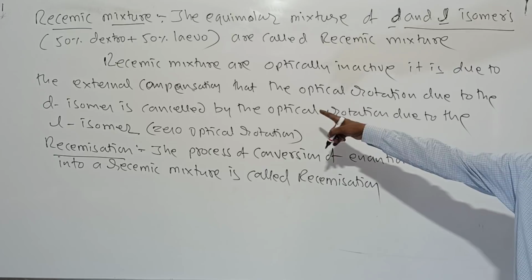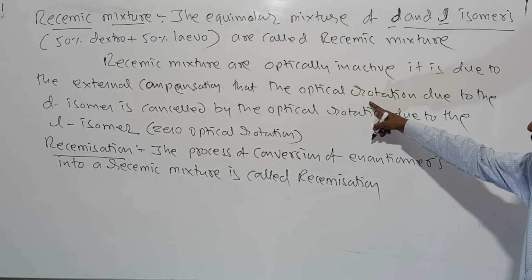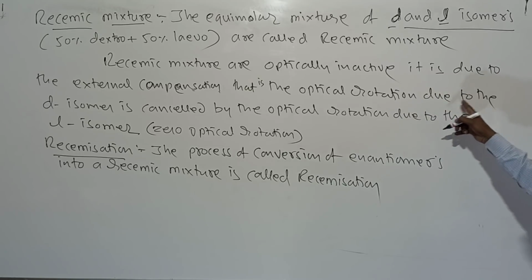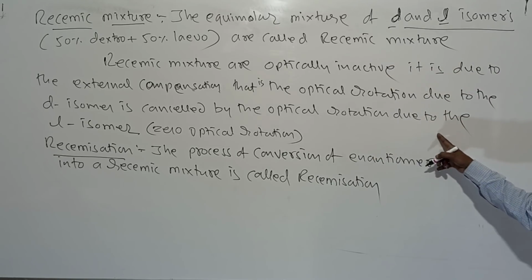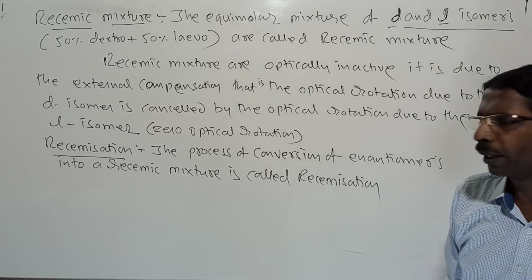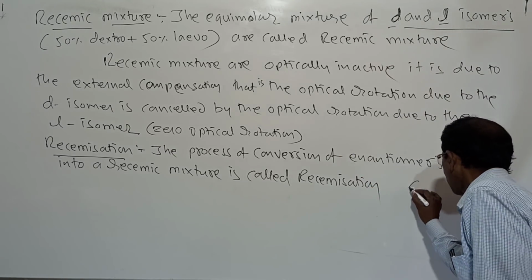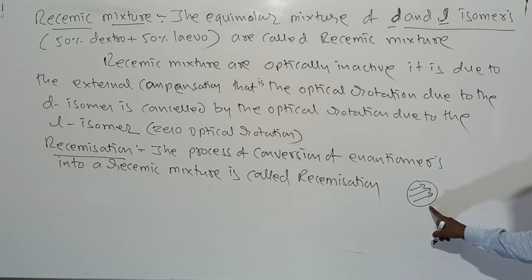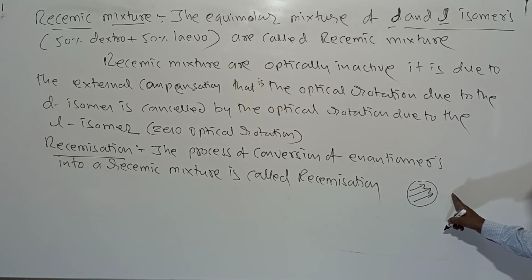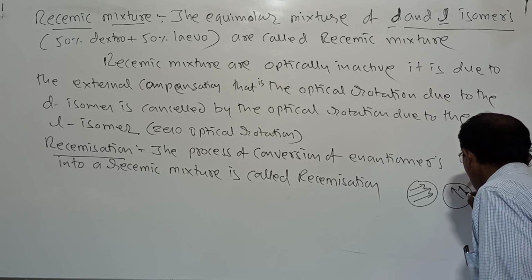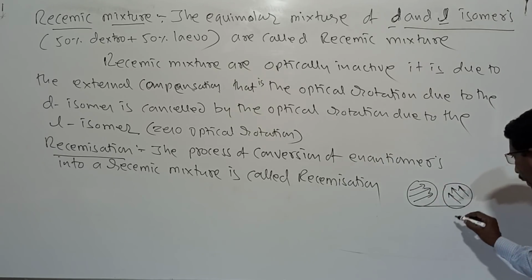It is due to the external compensation. That is, the optical rotation due to the D isomer is cancelled by the optical rotation due to the L isomer. For example, if the D isomer shows right hand side rotation and L shows left hand side rotation, the two cancel each other.